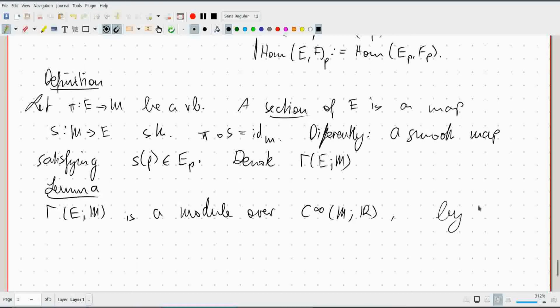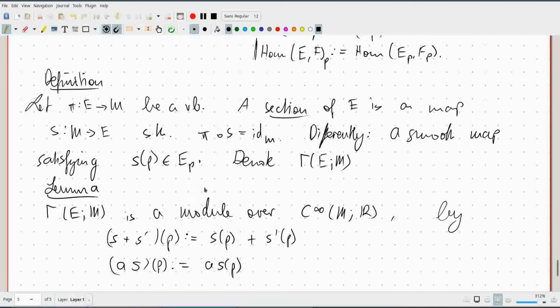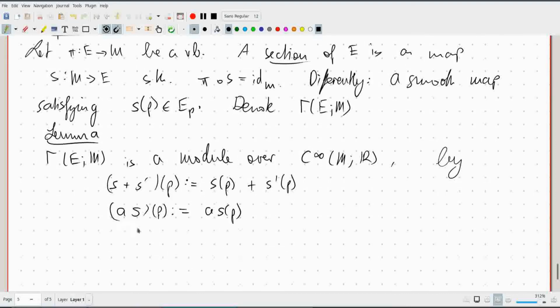I guess we can just define the operations. If you have a section s and a section s prime, you can add them just by adding the values that they take in a point p. You can add those values because they are elements of the same vector space. Then you can scale them by a number, so that makes them into an R vector space, but that's not everything.